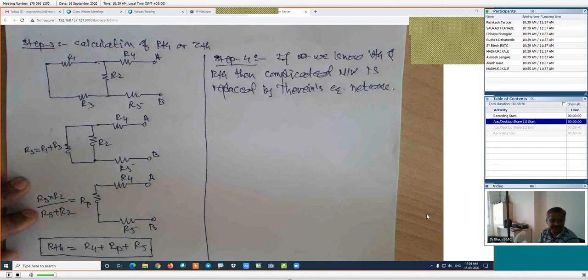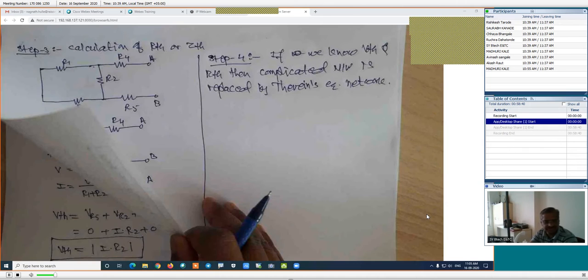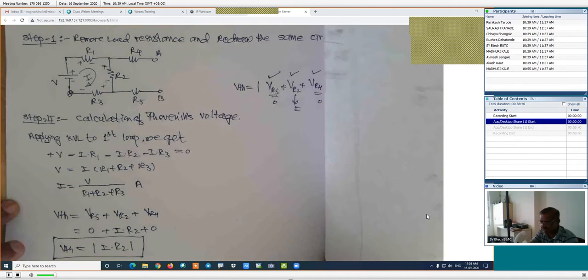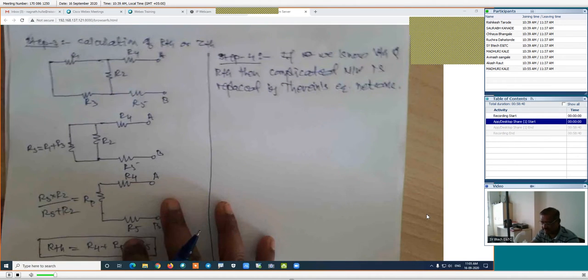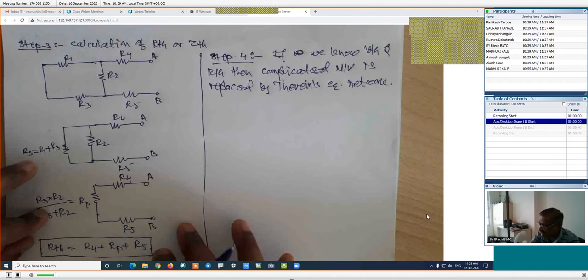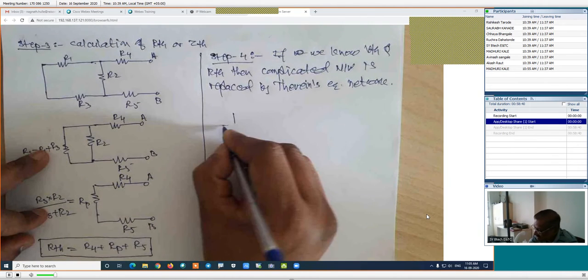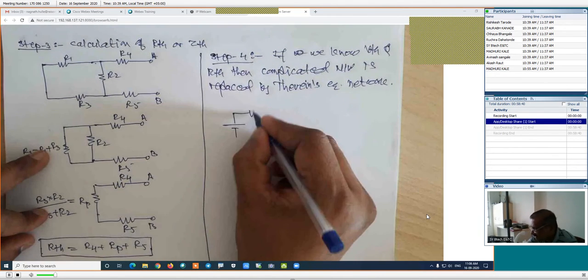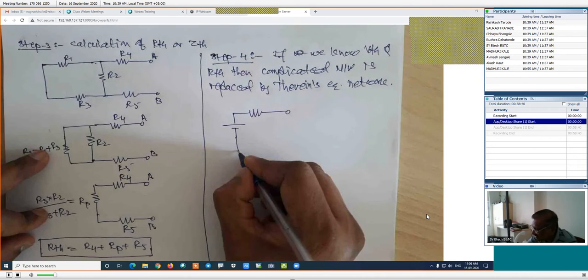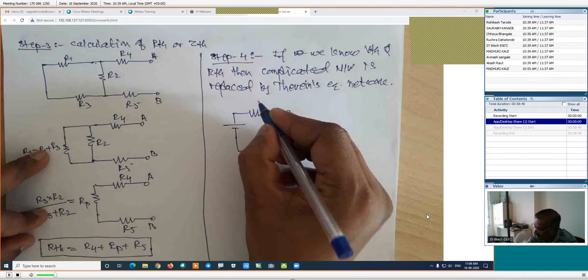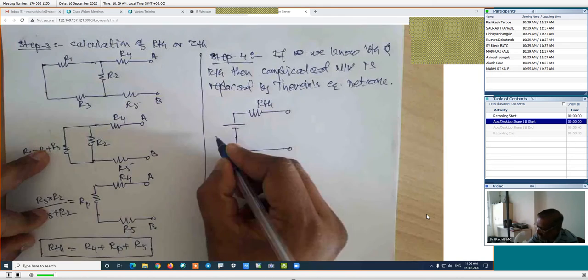Whenever we know VTH and RTH, because in the previous steps we have calculated the value of VTH and here we have calculated the value of RTH, then the complicated network is replaced by Thevenin's equivalent network, and this simple figure is known as Thevenin's equivalent network. This is RTH, what we have calculated.